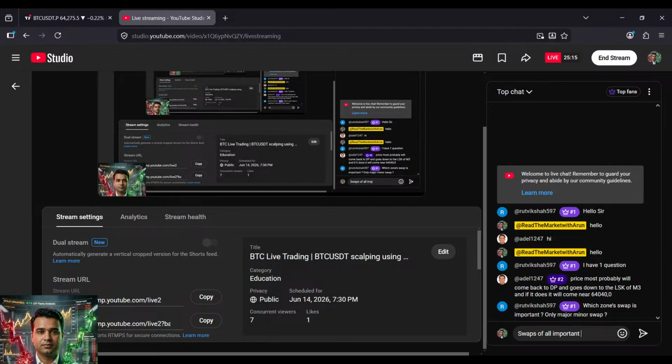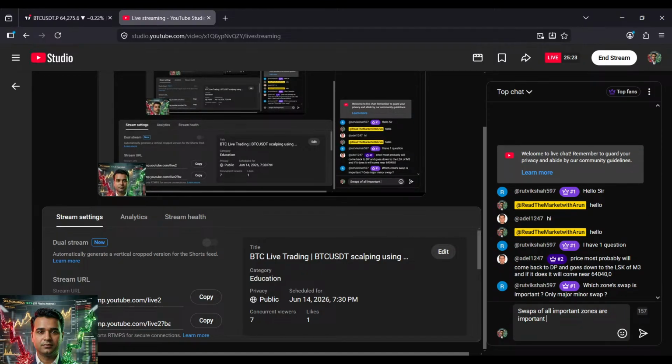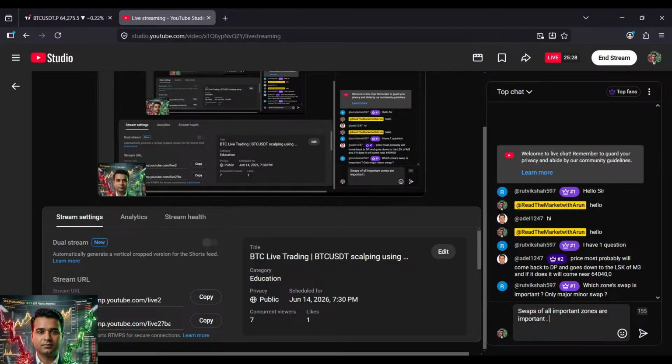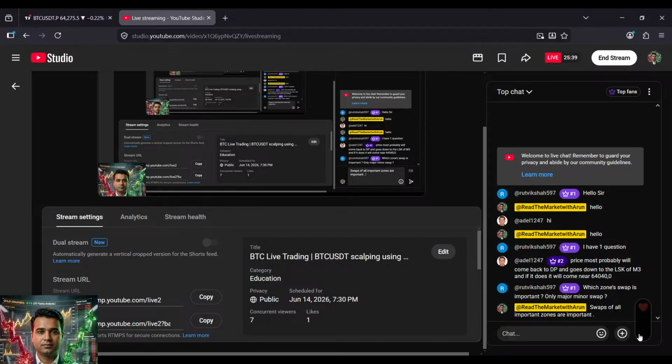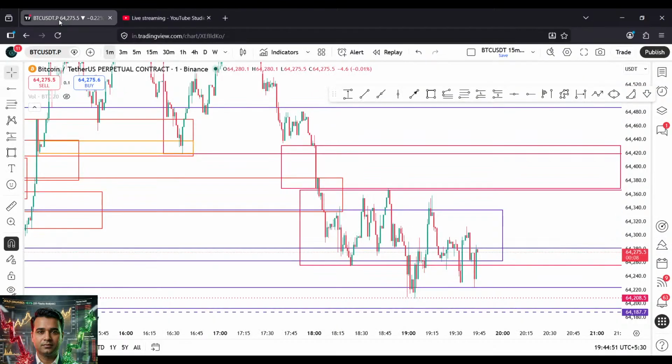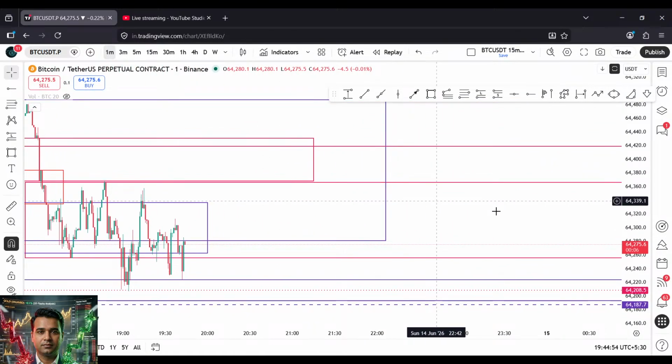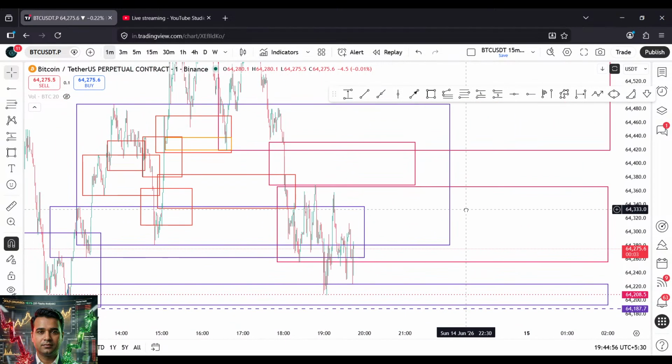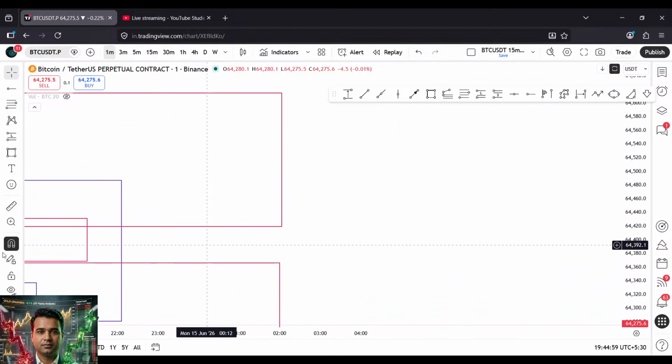Only major minor swap. Swaps of all important zones are important. If you want a thumb rule, wherever the trick was played, those swaps are important. Okay, I'll explain on the chart. Let's explain on the chart which zone, and why swaps of major minor are important.